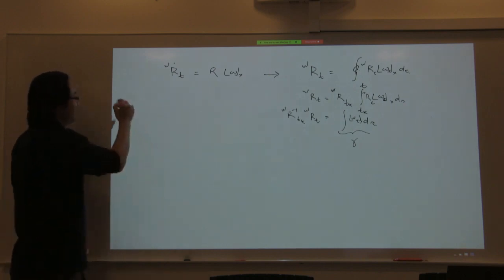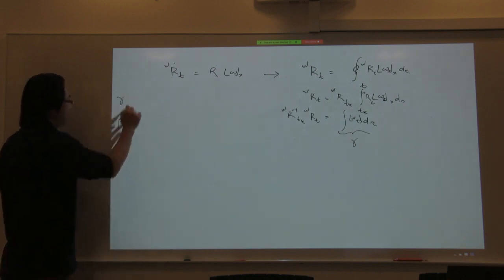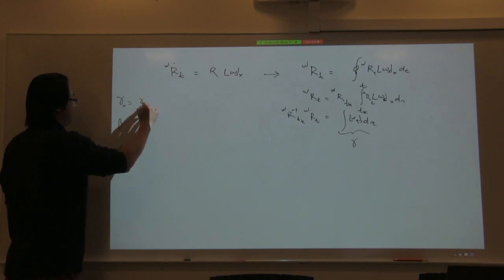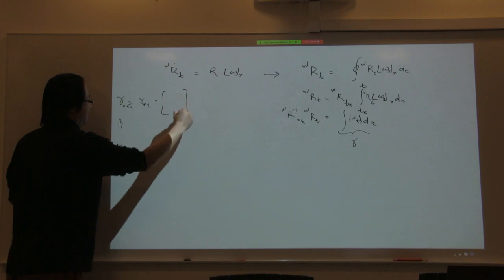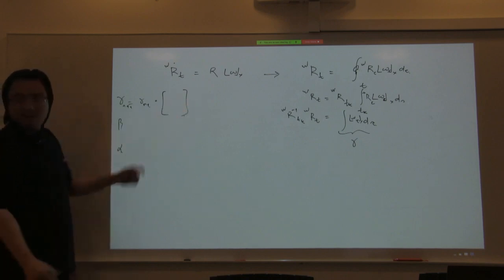In the interpretation, you have gamma, beta, alpha. Remember? You can go back to the slide. So you have the integration.